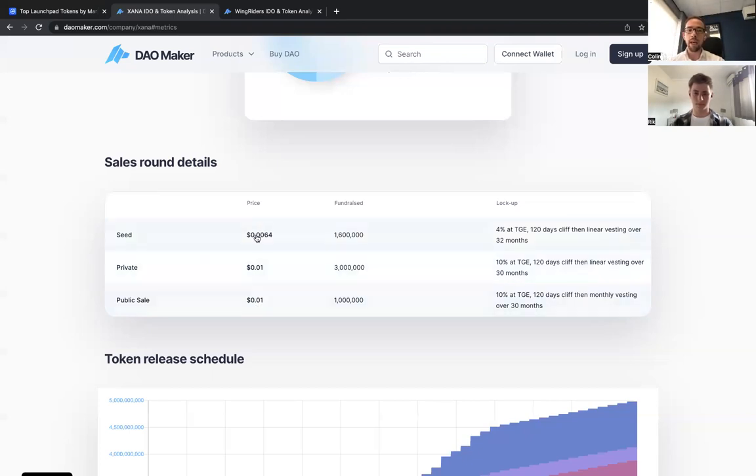So now looking back at the seed price, if they get 4% at TGE and those people get 10%, they get more, right? But they also have 36% ROI before the token even goes live, right? They have bought it for 0.064. If you add 36 cents, it becomes 1 cent, right?